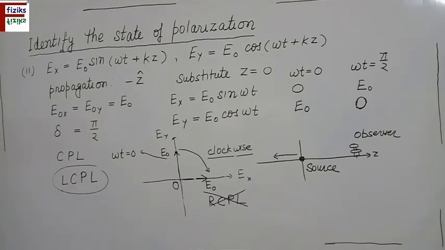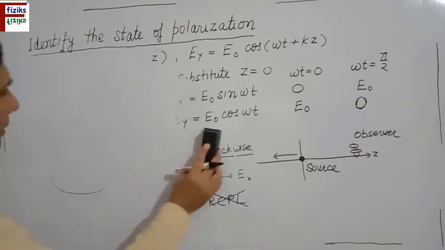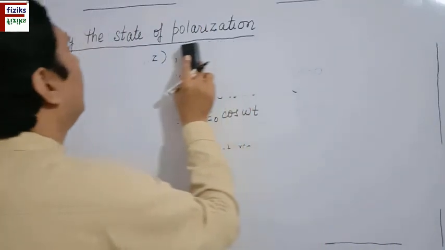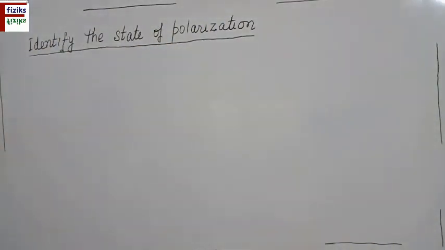Now come to another example. But before moving to the next example, you can note down one very important thing: whenever you have to write left or right circularly polarized light, many times you will have to write out the electric vector components EX and EY.